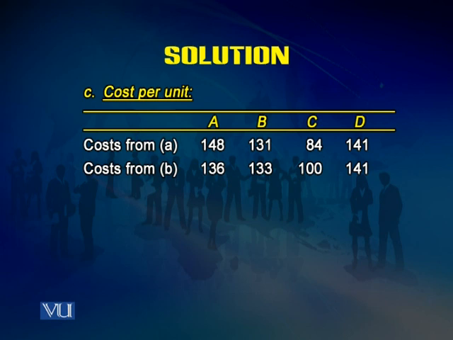So the traditional method was showing a greater cost than the activity-based method. For product B and C, it is showing a lower cost, and for product D, the costs are similar. This will have an impact: if you allocate cost to the product in a different way, then the pricing might also be different.